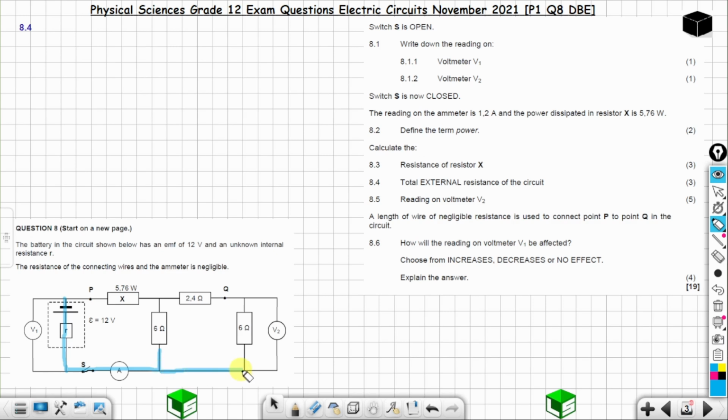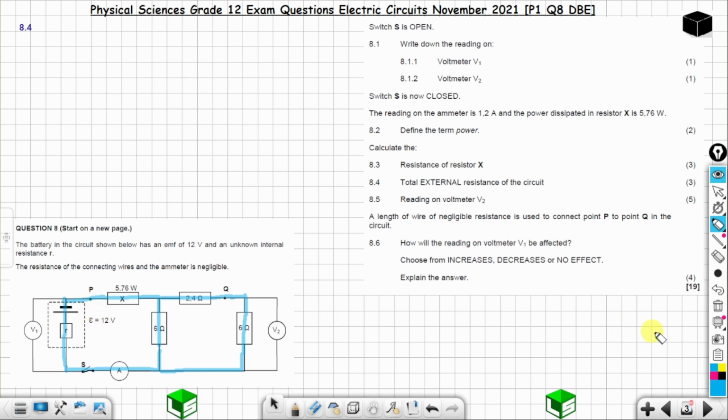Some of the current will flow through the 6 ohms resistor and some of the current will flow through this 6 ohms resistor, and then after that the same current will flow through the 2.4 ohms resistor, and then the current will join at this node. Then you have the total current flowing through resistor X, back to the battery.